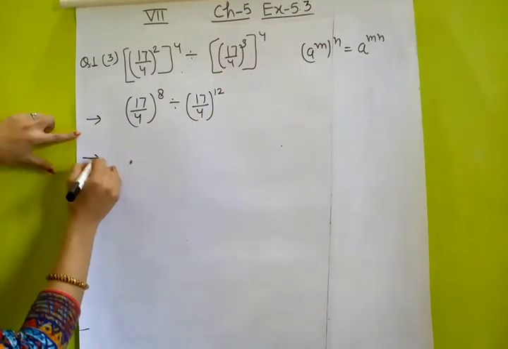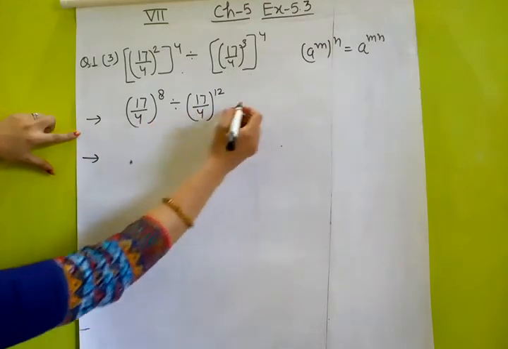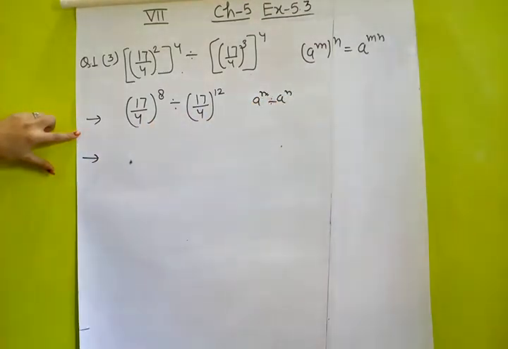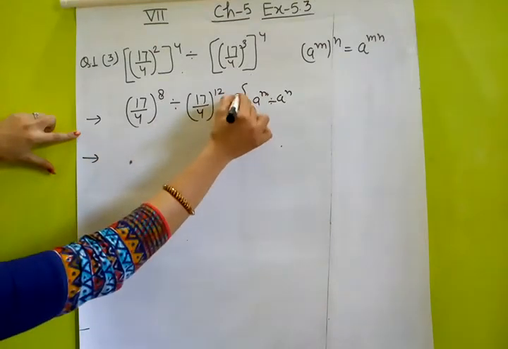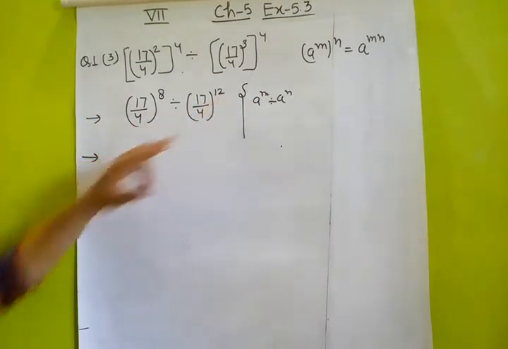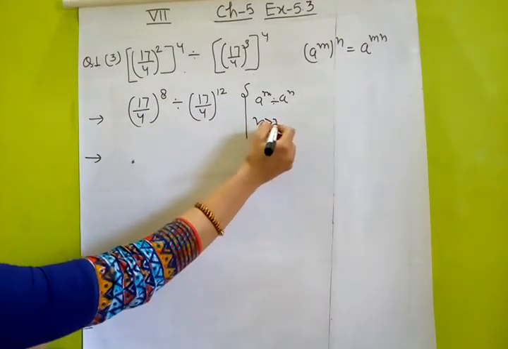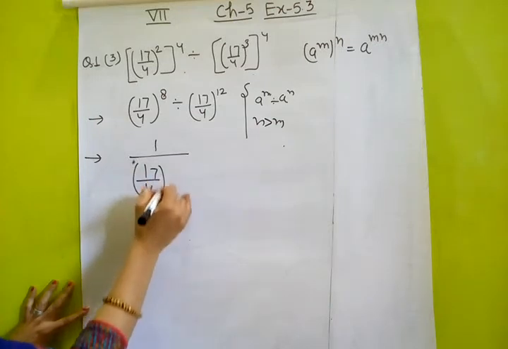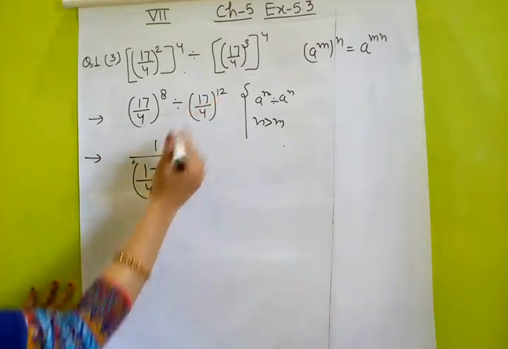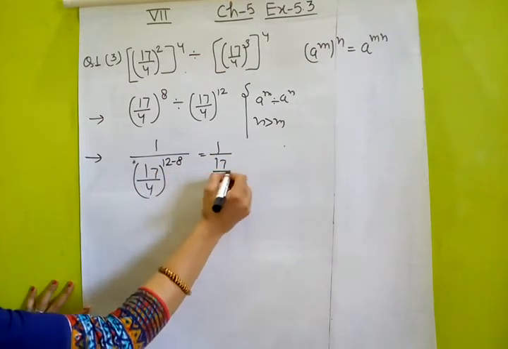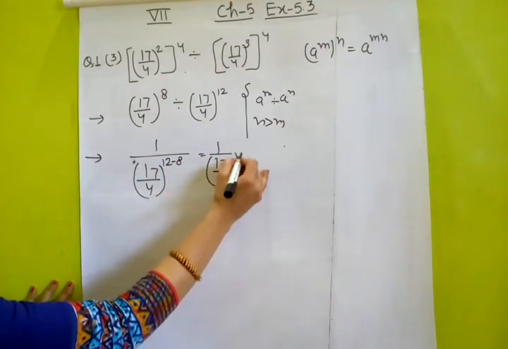Now students, next a power m divide a power n, it is given in this form. Now we are to check which one is greater. Here n is greater than m. So it will be 1 upon 17 upon 4 power n minus m. N is 12 minus 8. Students, it will be 17 upon 4 power 4.